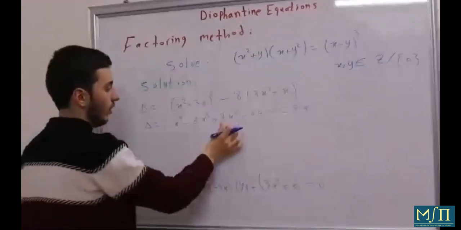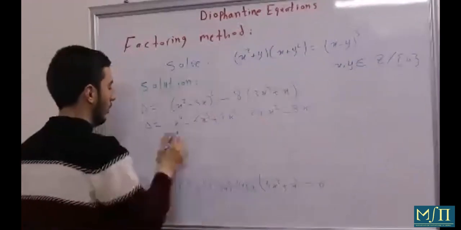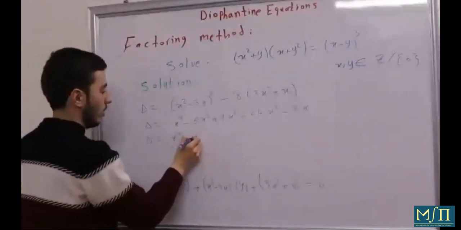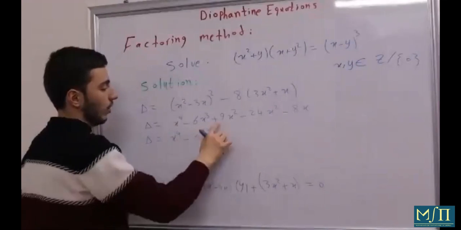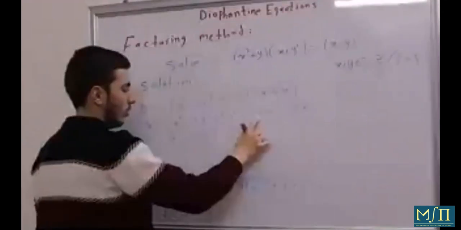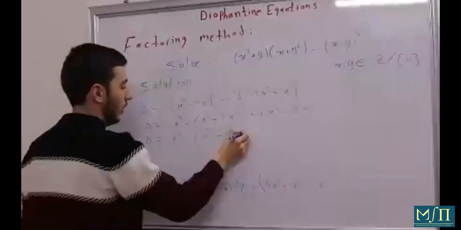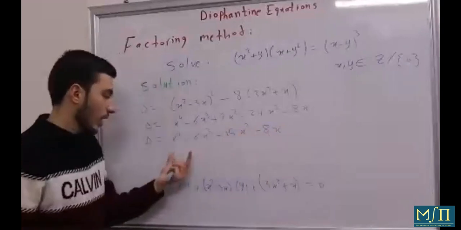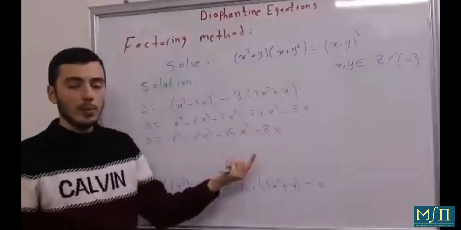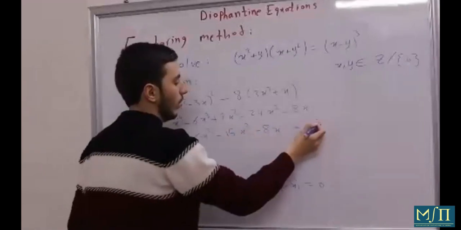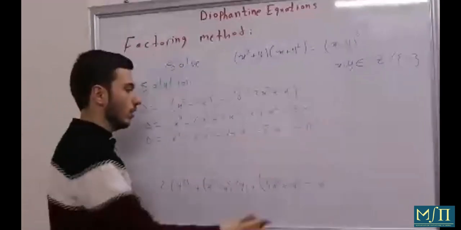Okay, here we have plus 9, here we have minus 24. So delta equals x to the 4 minus 6x cubed, plus 9 minus 24 is minus 15x squared, minus 8 times x. So that is delta, and delta must be a perfect square. So it must be equal to some m squared, where m is an integer, of course.